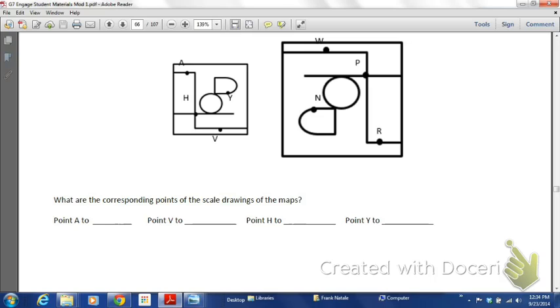So if we go ahead and do our flipping, we would see that point A says what are the corresponding points of the scale drawings of the maps.